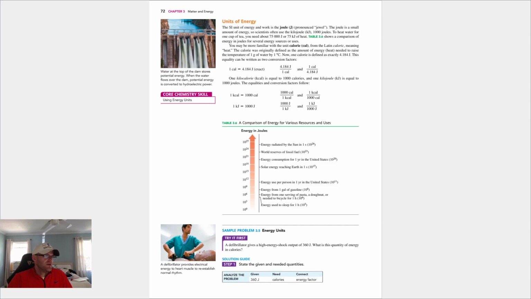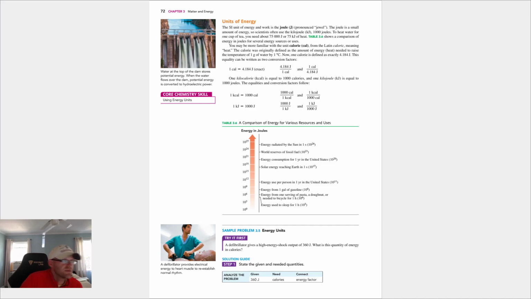The calorie you see on your food products is actually a kilocalorie, which would be 1,000 of the small calories. So you've got the conversions here. You're going to want to practice this, and we're going to do some problems using all of these later.